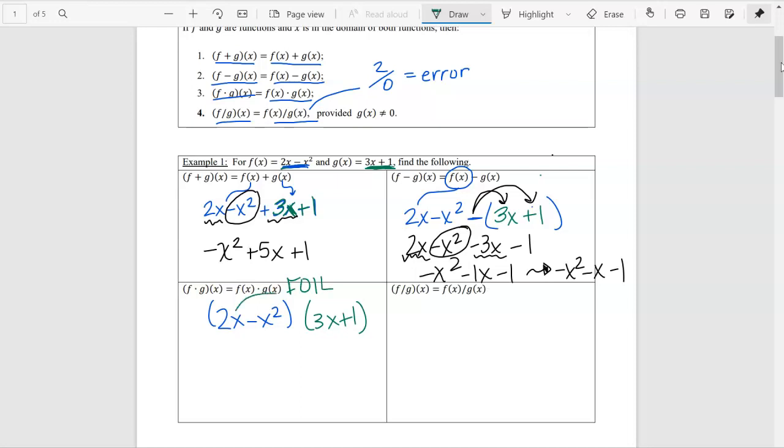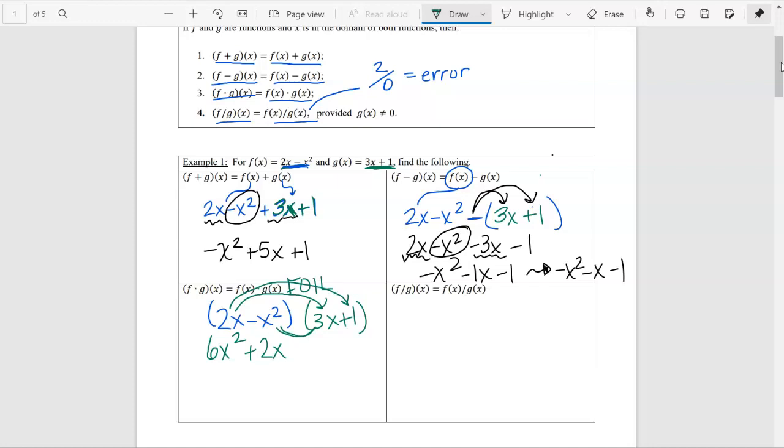Multiply the first terms, 2x times 3x. We're going to get 2 times 3, which is 6x, times x would give us x squared. So there's our first terms. Our outer terms would be the 2x multiplied by the 1. Well, 2x times 1 is just a positive 2x. Inner terms would be these two inside.